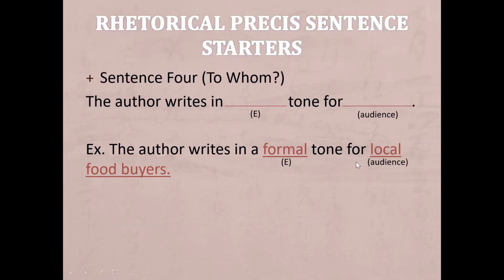In this case, the audience is local food buyers because he is trying to persuade them to process their own food. Sometimes it won't directly tell you who the audience is, but you can take a good guess by looking at the context clues and rereading again.